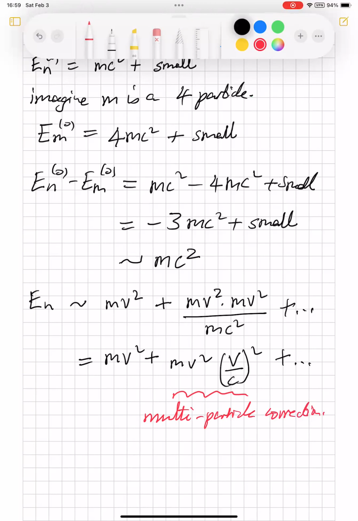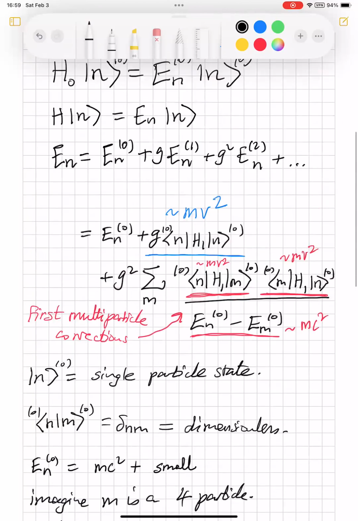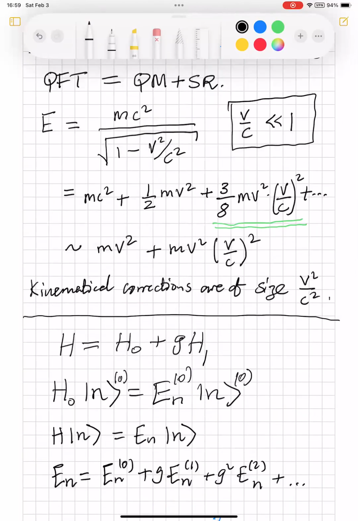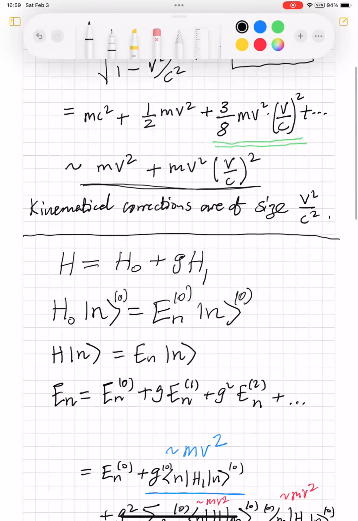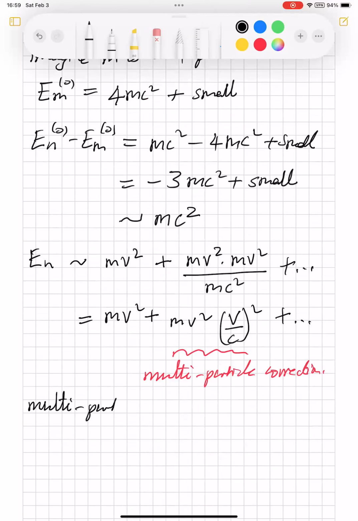And now I want to write down a conclusion. Let me remind you, we said that kinematical corrections are of size v squared over c squared. Look at this equation. This is where we drew our conclusion from. If we look at the equation that we've got here, we can clearly conclude that multi-particle corrections are of size v squared over c squared.